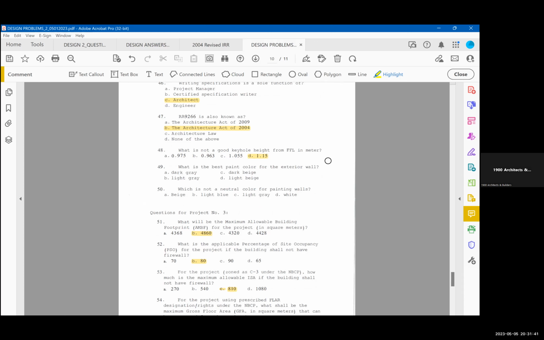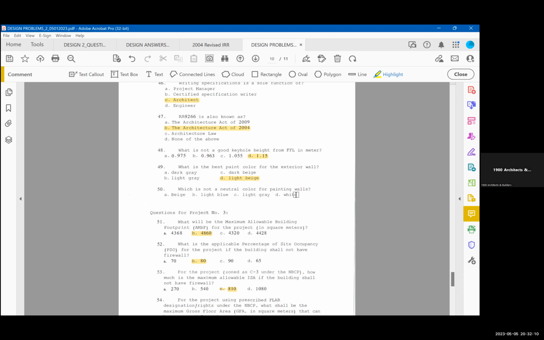So, 49. What is the best paint color for the exterior wall? A, dark gray, B, light gray, C, dark beige, D, light beige. Paano natin pipiliin yan? The answer here is letter D, light beige. Ito yung mga tricky questions.